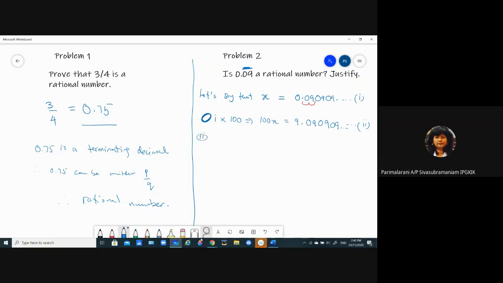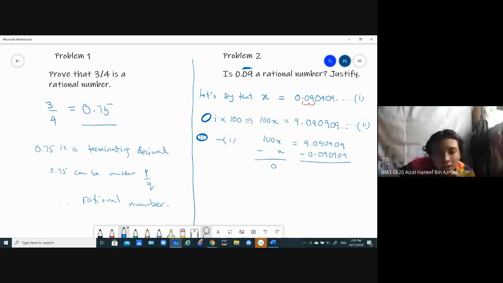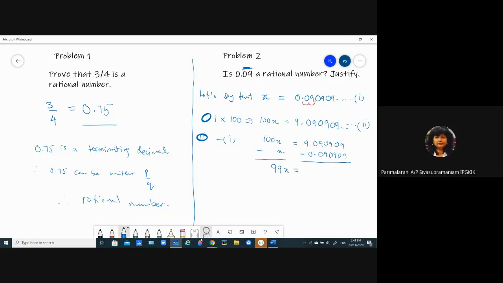Now equation 2 minus equation 1. We get 100x minus x equals 9.090909 minus 0.090909. So 100x minus x is 99x, and 99x equals all this subtracted. 9 minus 0 is 9.